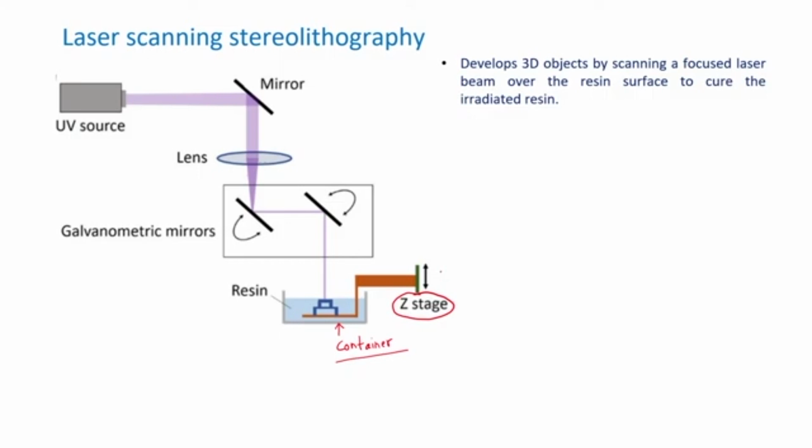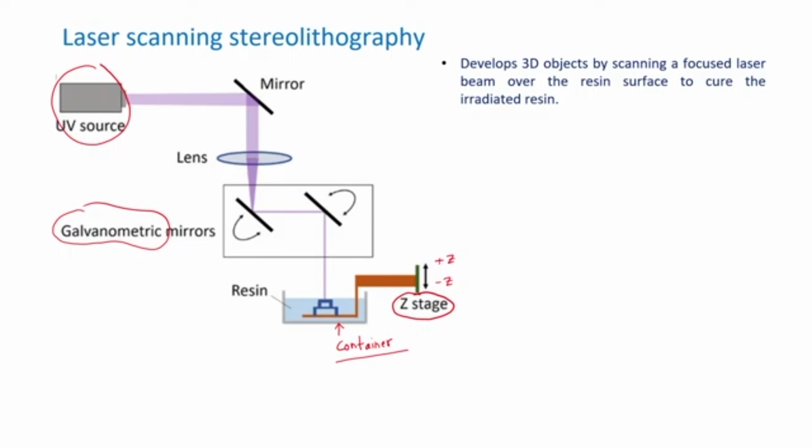This stage has the capability to move in the positive Z and negative Z directions. We have a UV source, and by using it we get the laser beam energy. To direct the laser beam we use a set of mirrors, which are galvanometric mirrors.